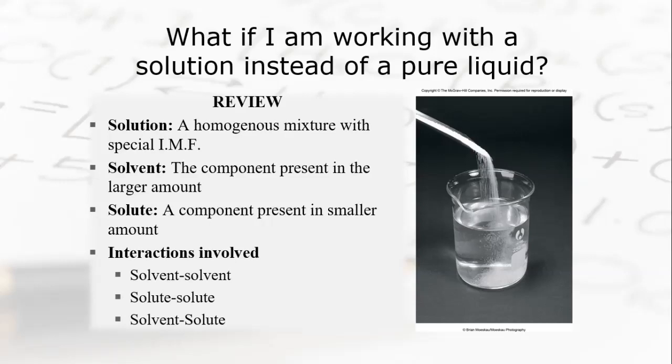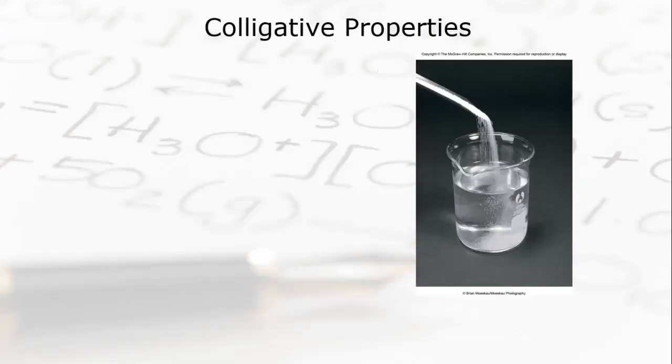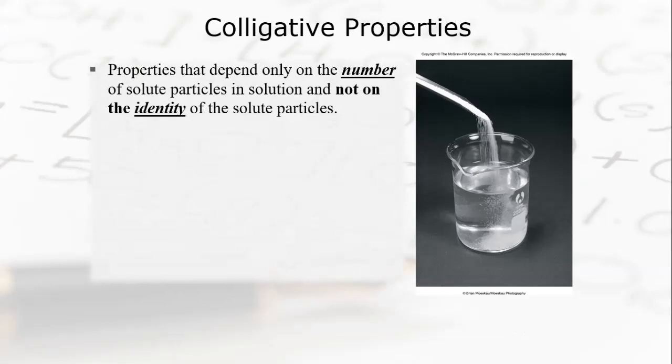All right. So what are colligative properties? Very important. These are properties that depend only on the number of solute particles in solution, but not on the identity of the solute particles. So essentially, colligative properties are physical properties of solutions, and they depend on the amount of solute that's in there, not the identity of the solute.